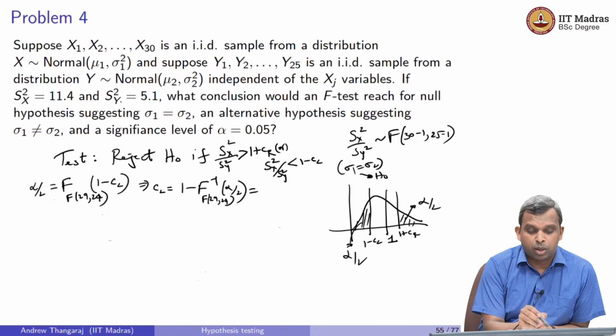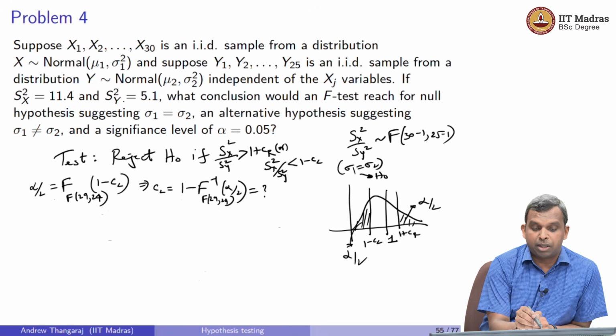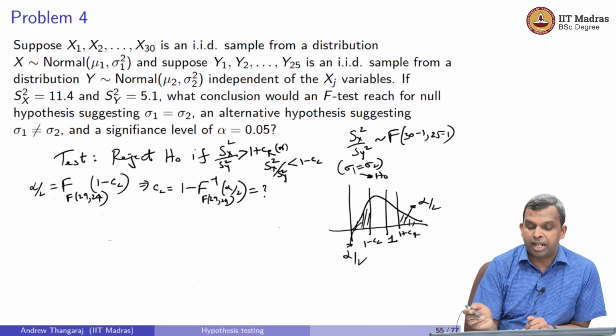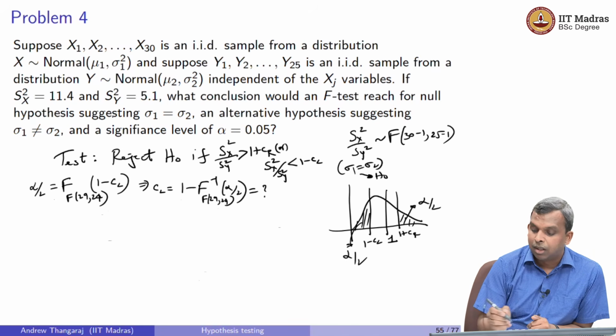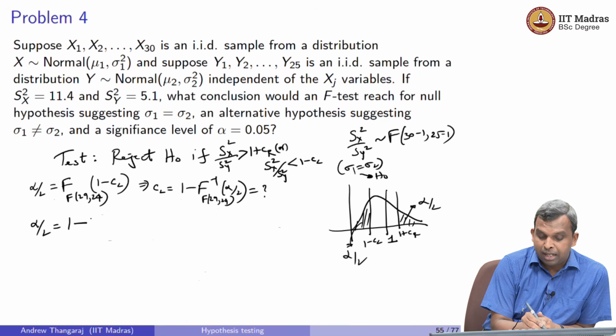In this case, Sx squared by Sy squared is ending up being greater than 1. So we may calculate this, but that's not going to significantly affect us, because Sx squared by Sy squared in this sample is working out to be greater than 2, in some sense. So it's enough if we find CR. So alpha by 2 is 1 minus F of 29, 24 of 1 plus CR, isn't it?